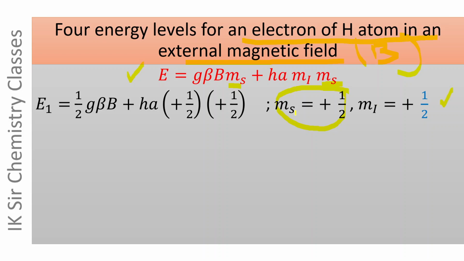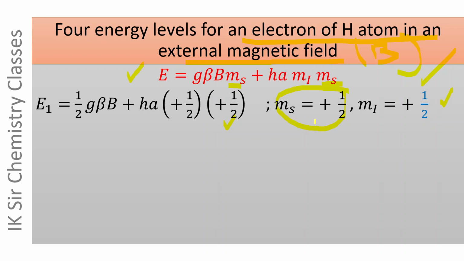If ms is plus half and mI is also plus half, then the energy of the electron will be E1, equal to 1 by 2 g beta B plus h a.